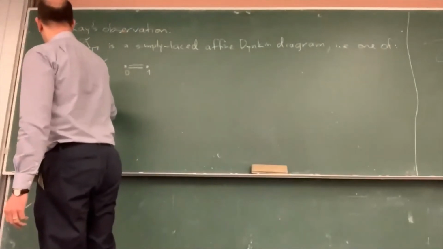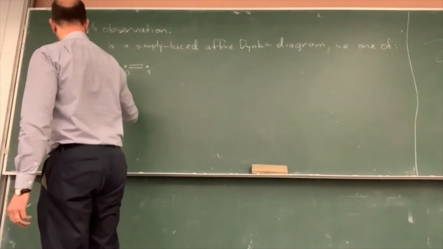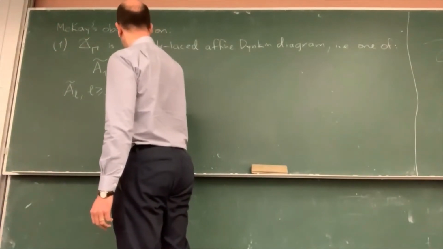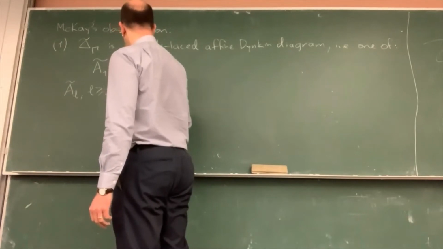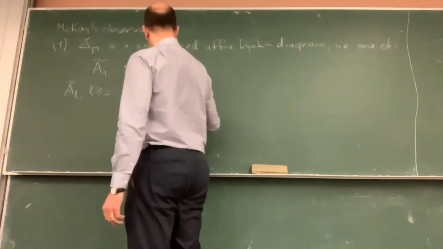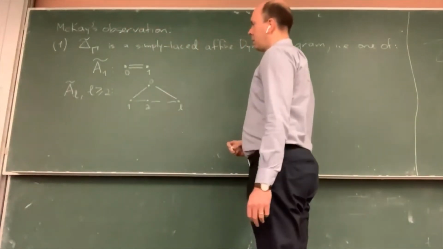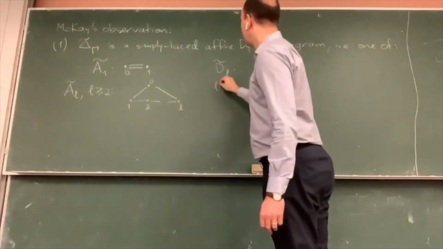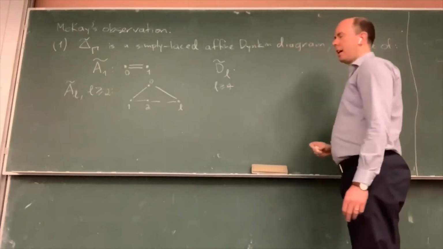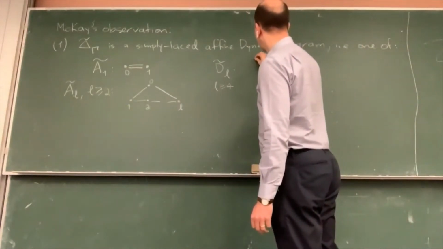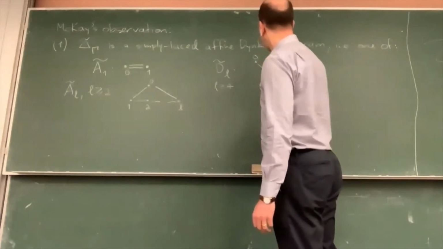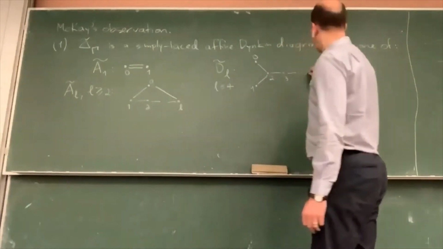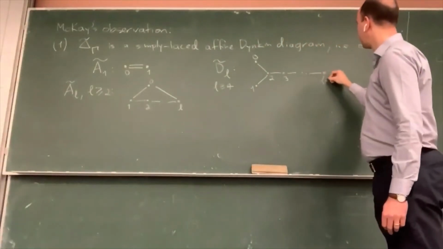A L tilde for L greater than or equal to 2 is the cyclic graph with L plus 1 vertices. D L tilde for L greater than or equal to 4 is the graph which looks like this, with L minus 2 in the middle.